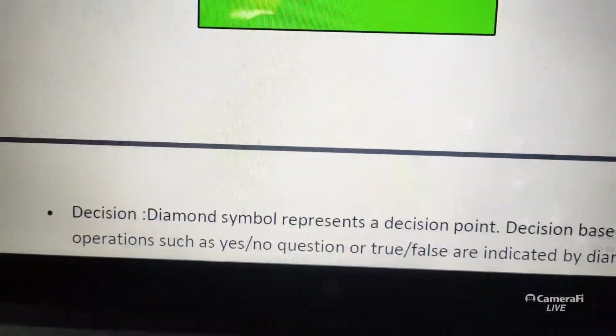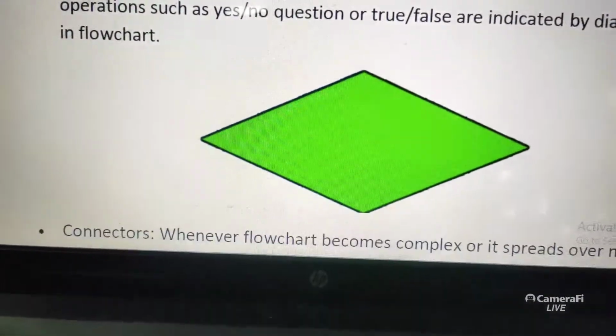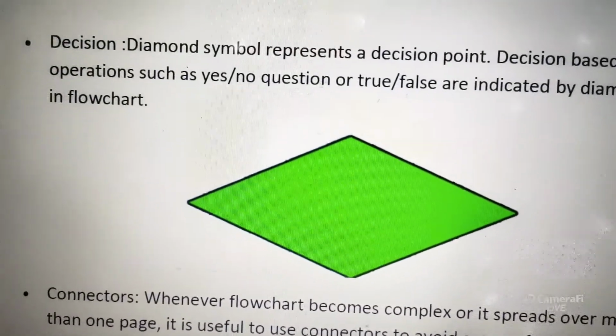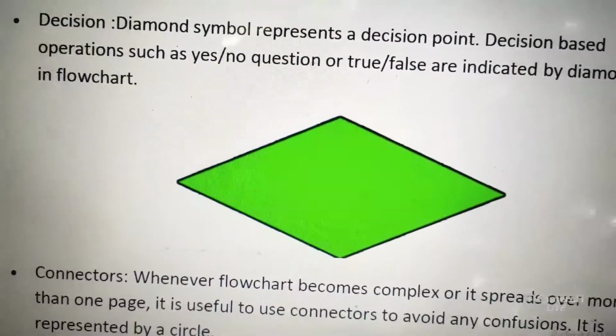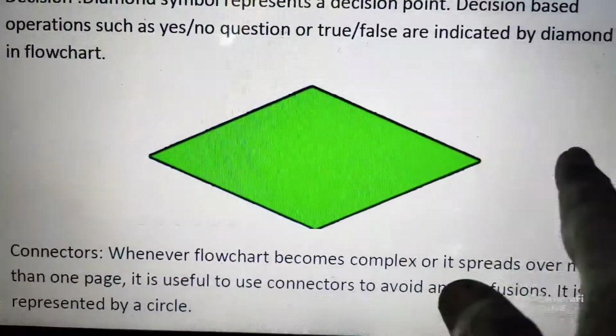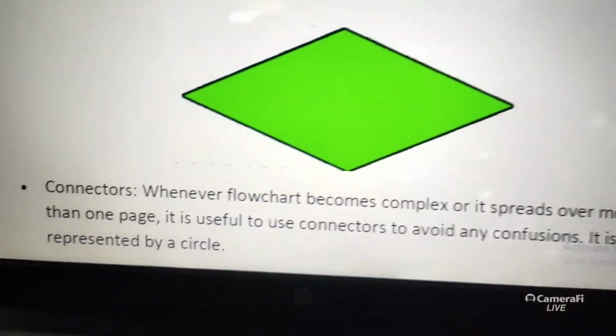So three symbols. And decision making: when you want to compare A and B, first person's marks, second person's marks, comparison, we use the rhombus, diamond symbol. It will give the answer yes, no or true. So yes on one side, no on the other side. Next, connectors.